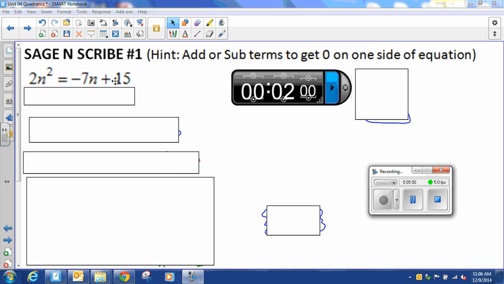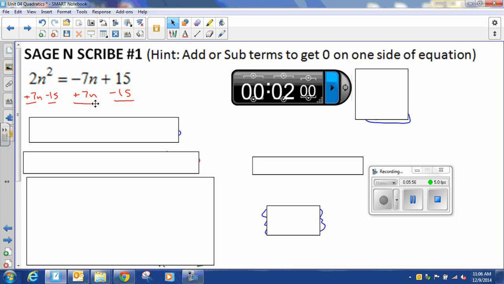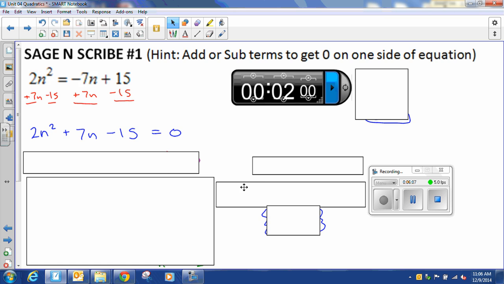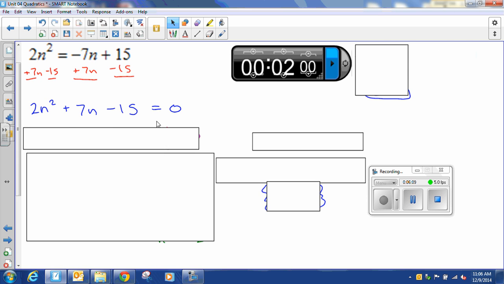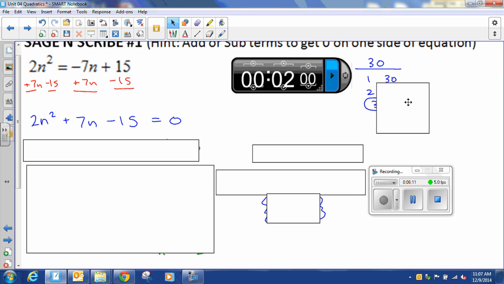Here we need to add or subtract the terms to get 0 on one side of the equation. So I'm going to add 7n and subtract 15 to keep that 2n squared positive, because I prefer to keep the leading coefficient positive. And that leaves this right here. I'm going to split the middle term. 2 times 15 is 30.